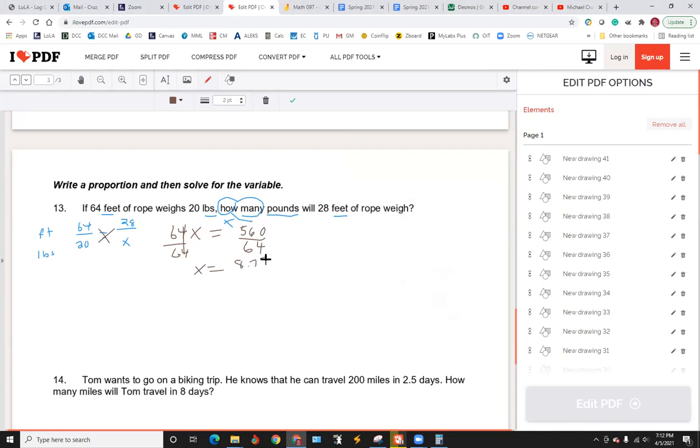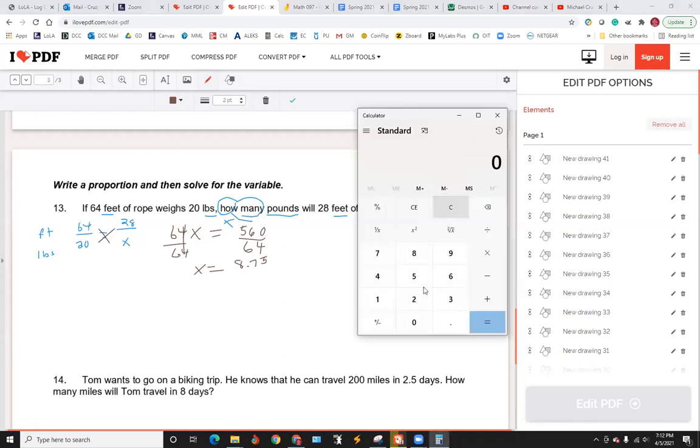And that kind of more or less makes sense because if you take half, but watch, let's check it just to make sure. 64 divided by 20 is 3.2. Well, what's 28 divided by 8.75?